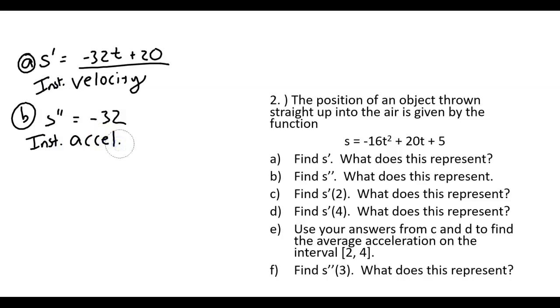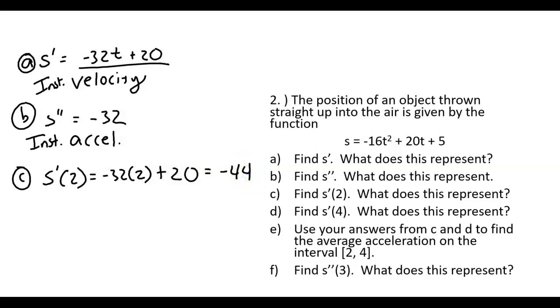Okay. Part C is asking us to find s prime of 2. Well, s prime is velocity, right? But what's up with the 2? Well, that 2 means we're going to plug that in for the t, which means that 2 is a time value. And so when we simplify this, that tells us that our velocity at t equals 2 is negative 44.